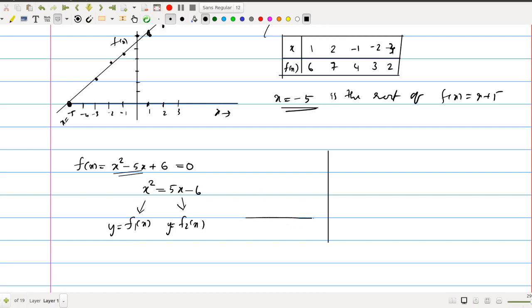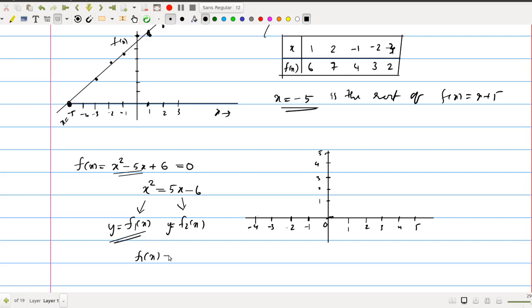You can easily draw the graph of this. Here we have positive values 1, 2, 3, 4, 5, etc. And here we have again 1, 2, 3, 4, 5, etc.